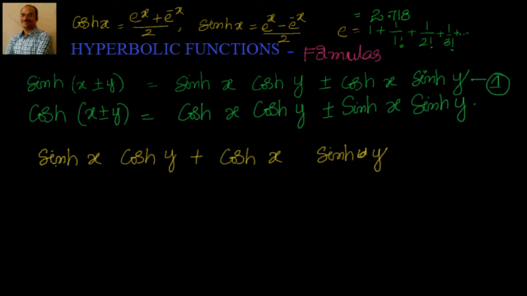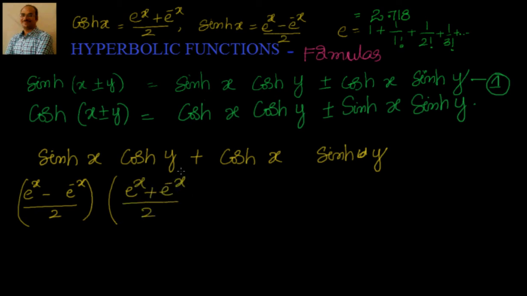Now what is sinh x? Sinh x is (e^x − e^(−x))/2. This is what we know by definition. And what is cosh y? Cosh y is (e^y + e^(−y))/2.